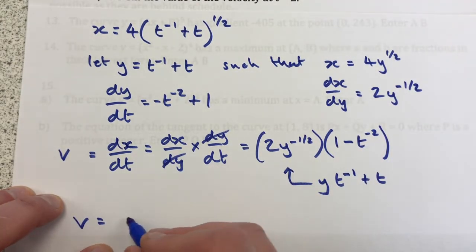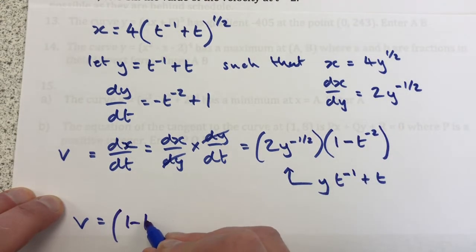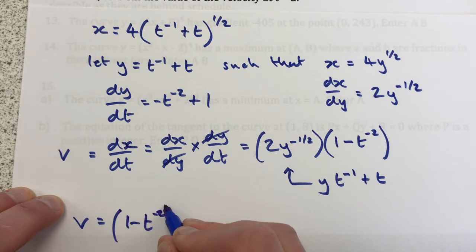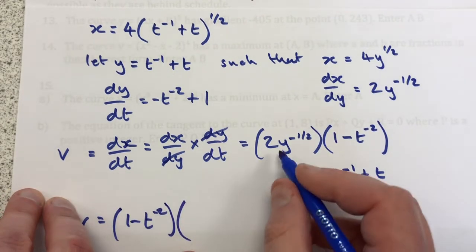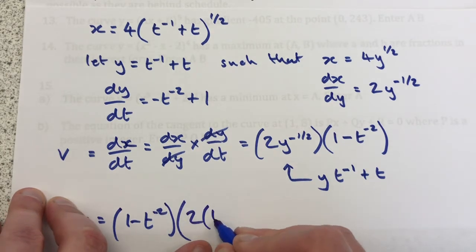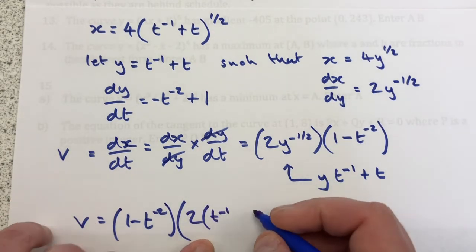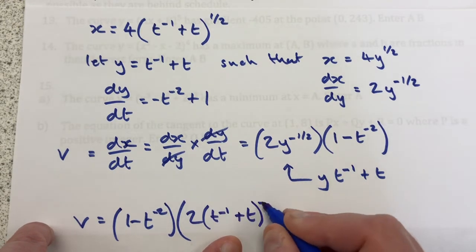I'll do this bit first, it's nice and easy: 1 minus t to the minus 2, open brackets, this is now going to be 2 times t to the minus 1 plus t to the minus a half.